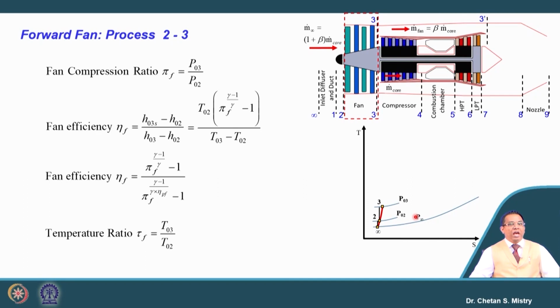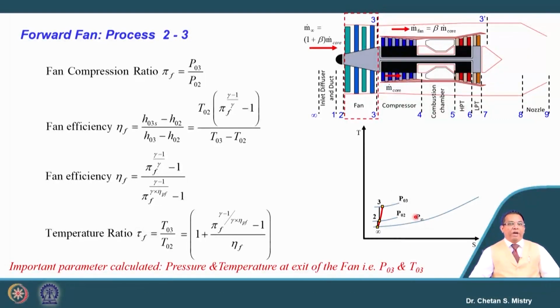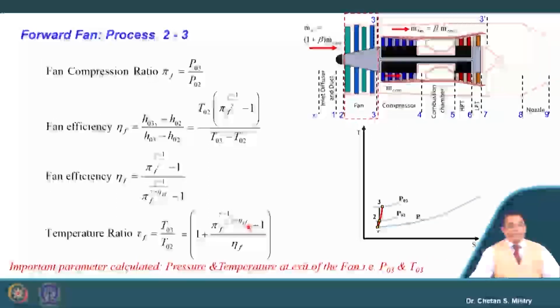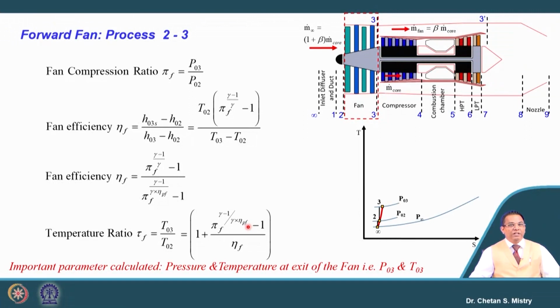That will help us calculate the temperature ratio, or the exit temperature from the fan. Be careful here: this equation represents the polytropic efficiency of the fan. It may be a single fan or multiple fans, which may each have different polytropic efficiencies. That is the reason why this is considered here.